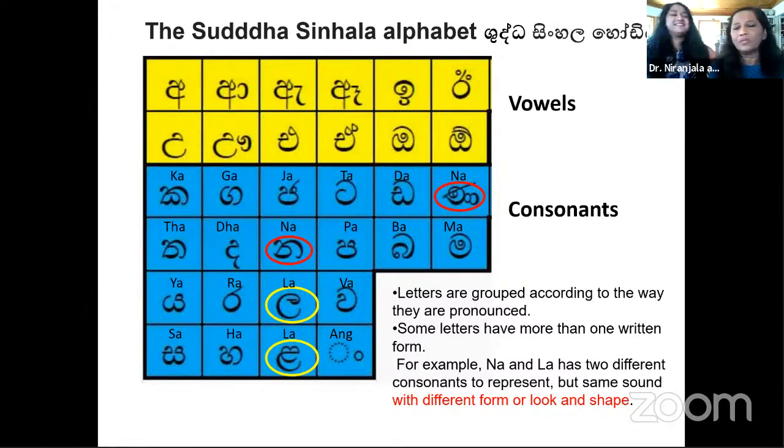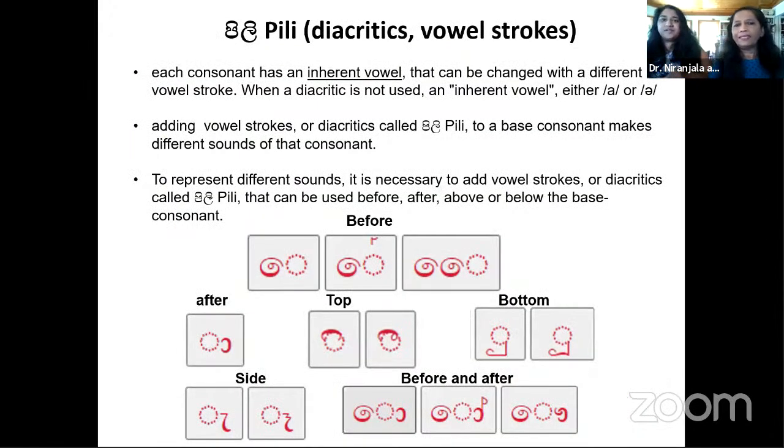So if you wonder why there are two nas and two las, that's why. Okay. And it is very important to learn these rules. It may sound complicated, but we have several different slides to explain this, so don't worry.